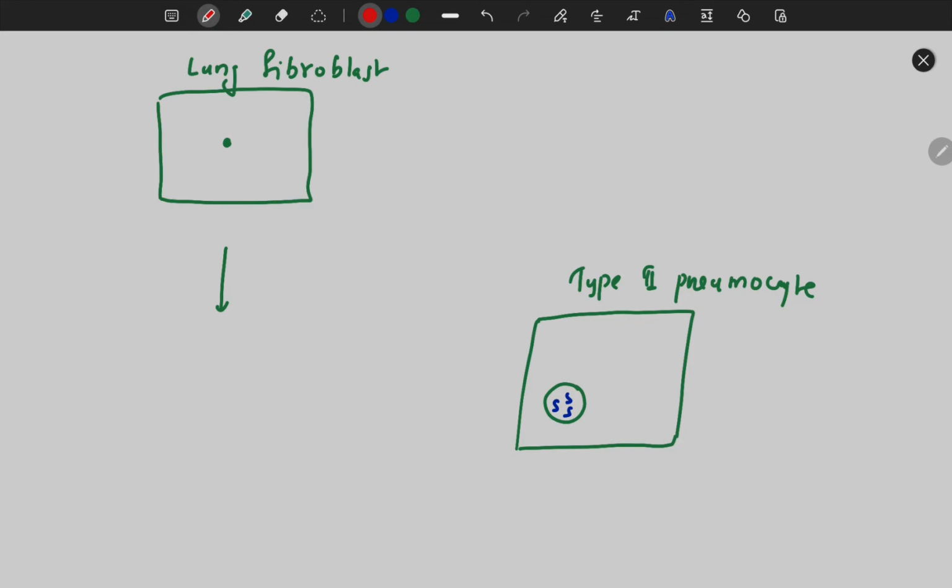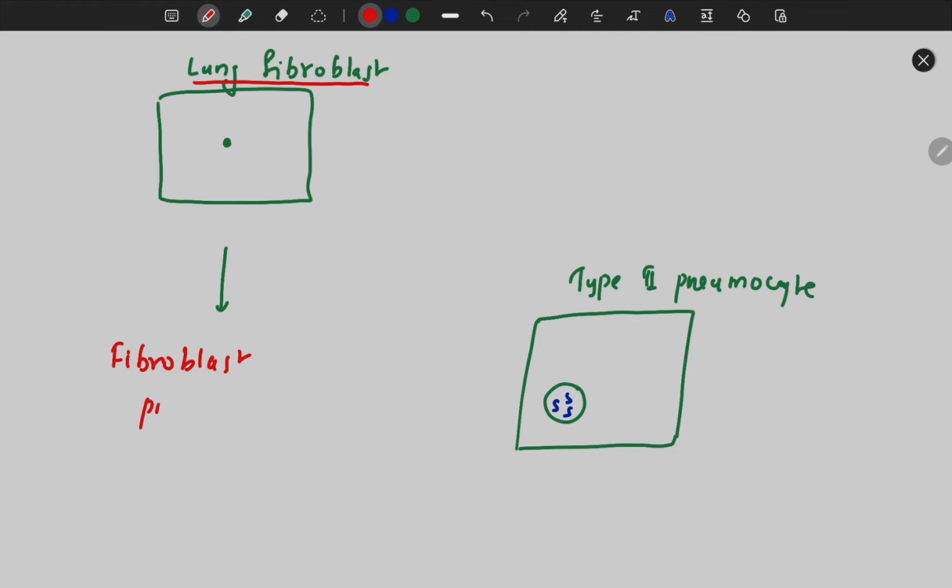For the release of the surfactant from the type 2 pneumocyte, we have the lung fibroblast. This lung fibroblast will release a factor, that is fibroblast pneumocyte factor.